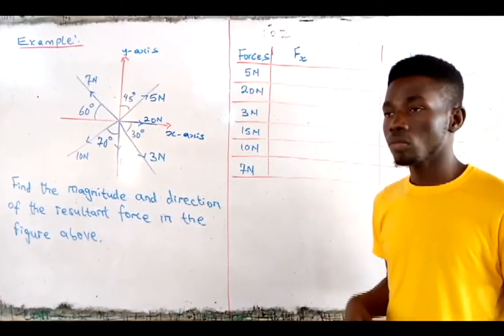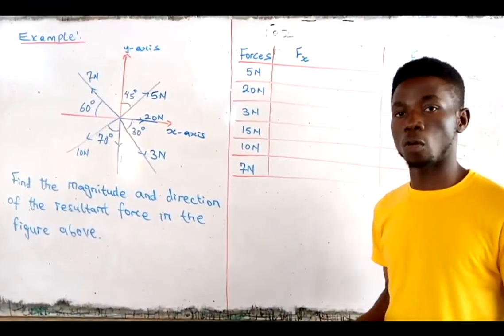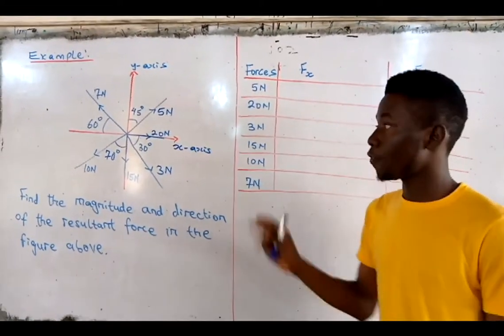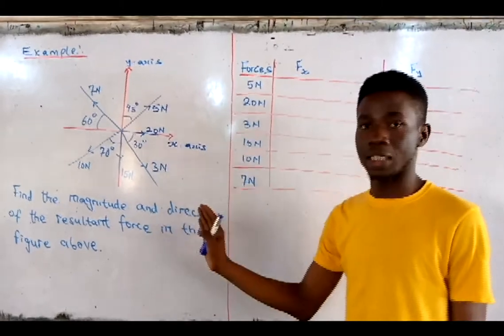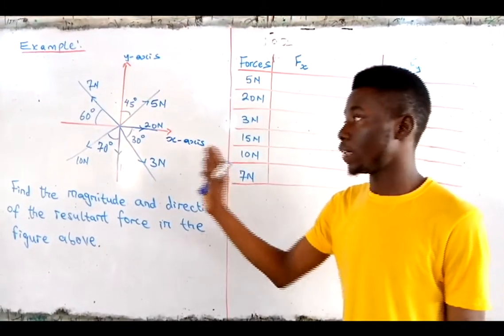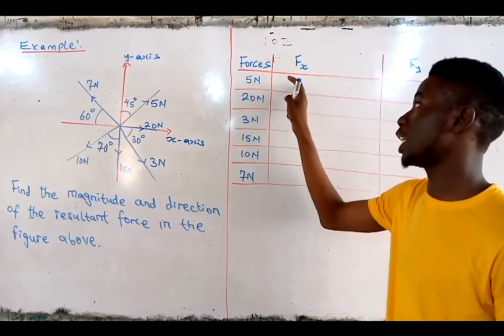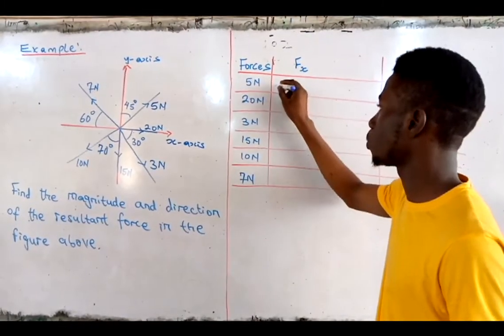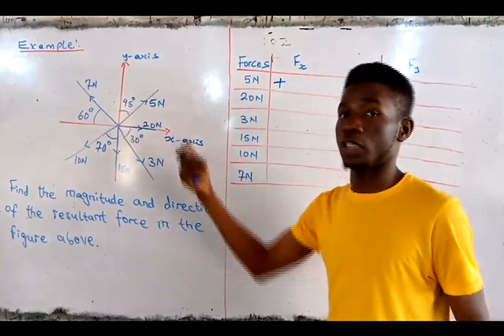Now, like we have illustrated before, we said that 5 Newton is at the right hand side. Definitely, when we want to consider it with respect to the x-axis, it is going to have a positive value. And the magnitude of 5 is still 5.